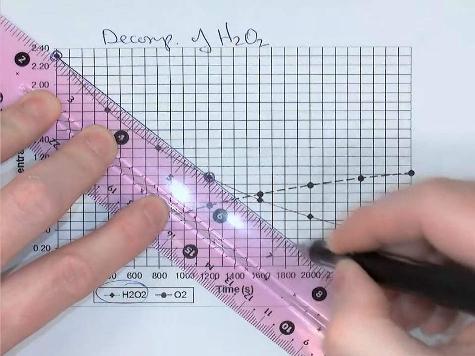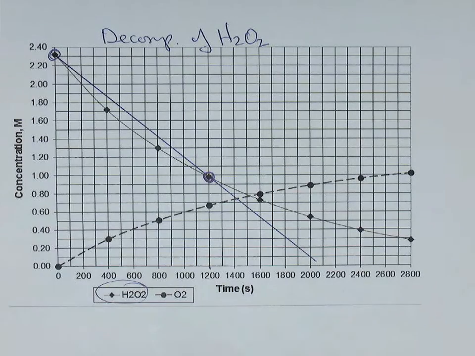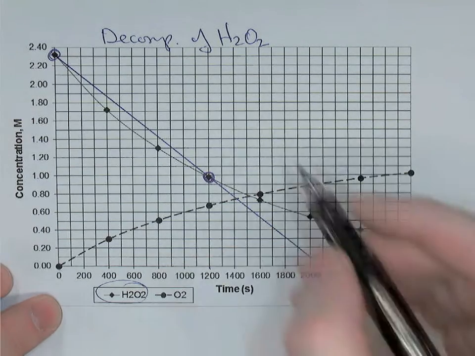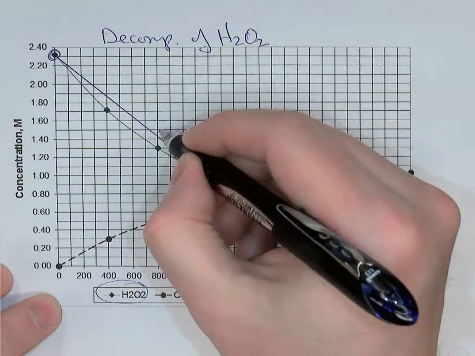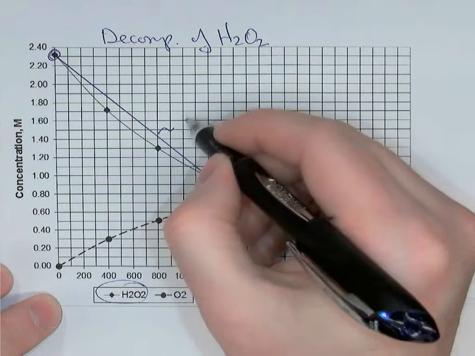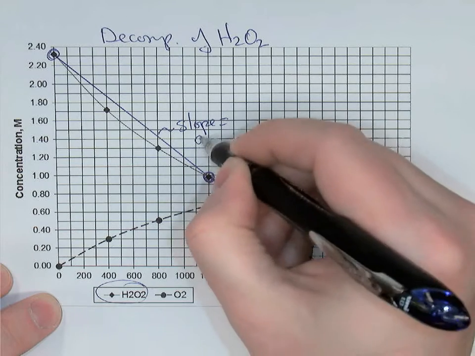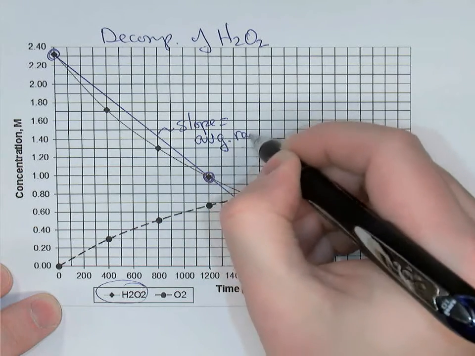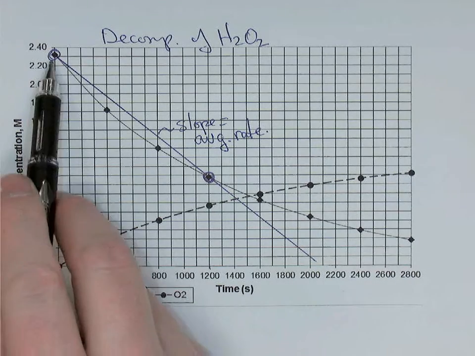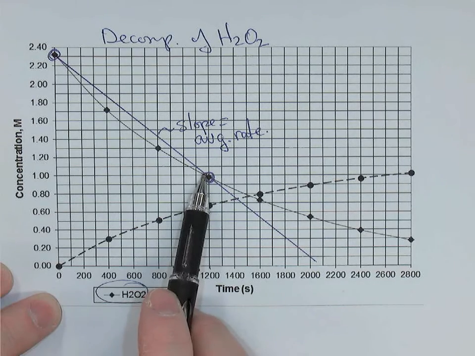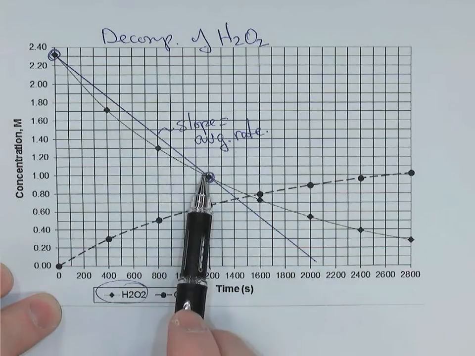we can give a graphical interpretation to what an average rate is. The average rate of the reaction, according to the graph, is simply the slope of this line. So the slope equals the average rate of reaction. Okay, the slope of the line that connects 2 points on the curve is the average rate in that time interval between the 2 points.